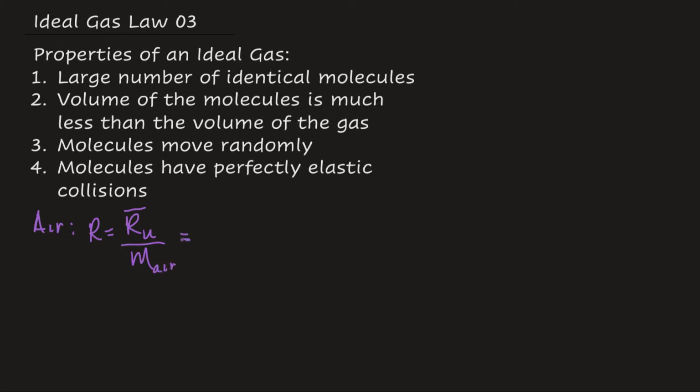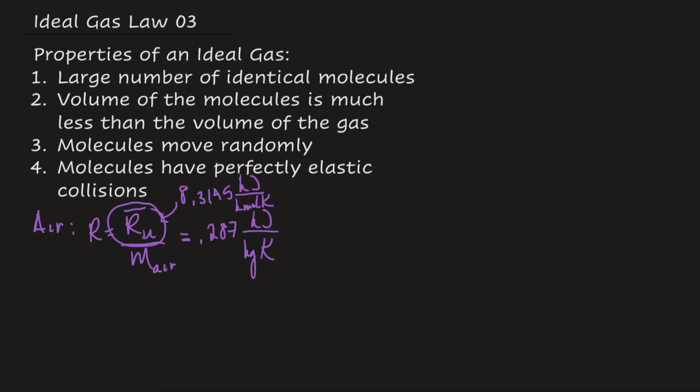And we know that this is equal to 0.287 kilojoules per kilogram Kelvin from that table that we looked at. And the universal gas constant we know is always 8.3145 kilojoules per kilomole Kelvin.